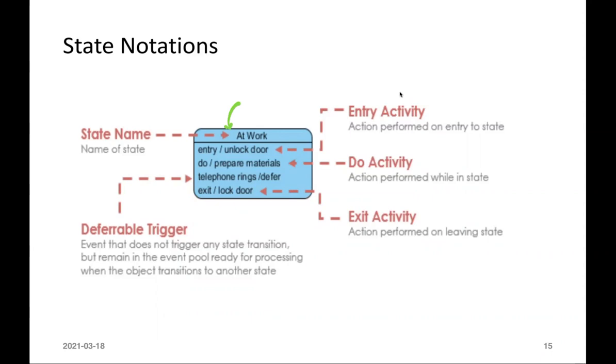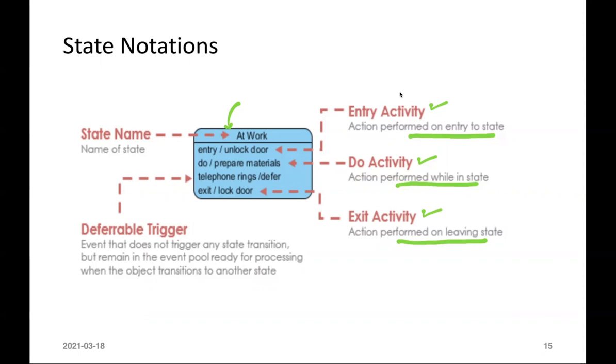We could have an action performed on entry to the state, which is the entry activity, or entry trigger; an action performed while in the state, which is the do activity; and an action performed on leaving the state, which is the exit activity. There might also be actions based on certain events. We call these deferrable triggers, in that when events happen, they will trigger a certain action.